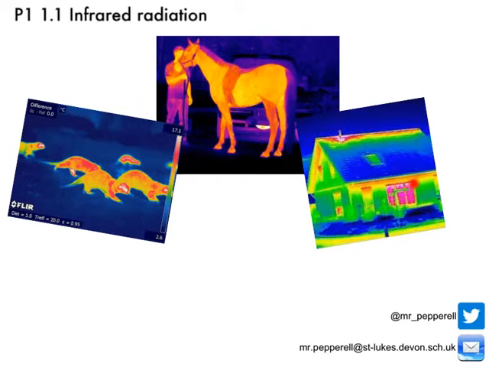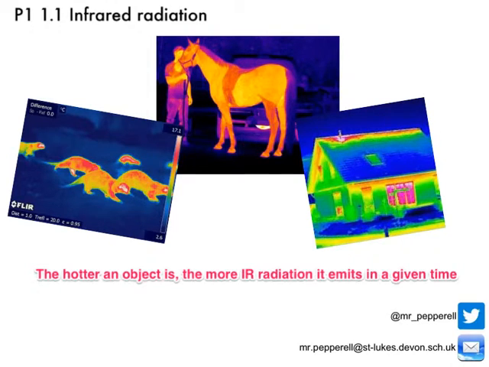You can see the windows are a different colour than the roof because they're both emitting different amounts of infrared radiation. Okay, why is it that some parts of this house are a different colour than other parts of the house? Well, it's to do with the fact that the hotter an object is, the more infrared radiation it emits in a given time. So obviously we can see here the windows of the house are hotter, they're giving out more infrared radiation.